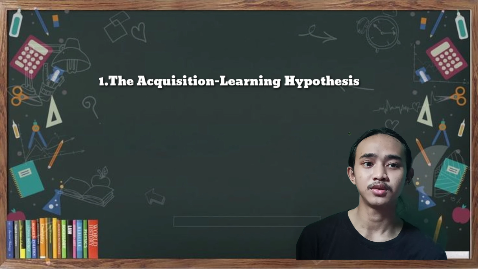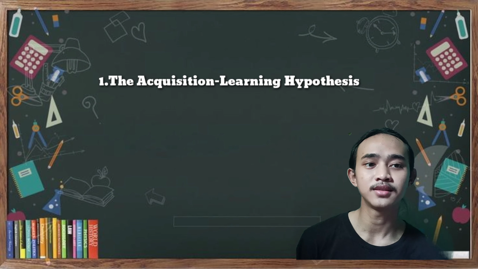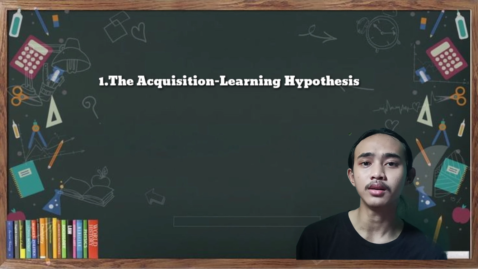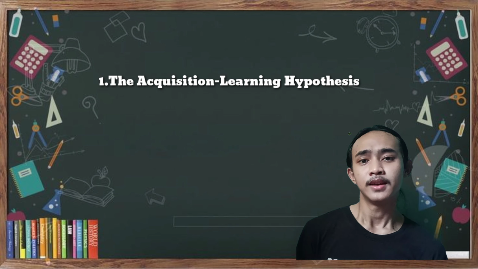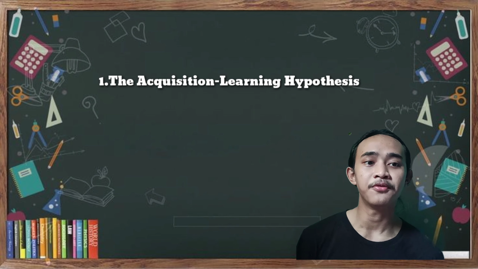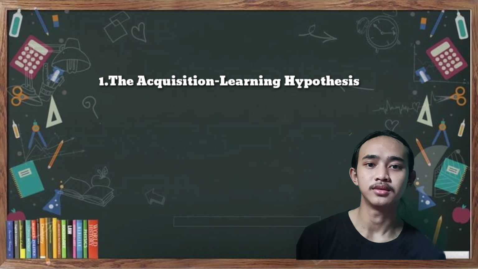Learning refers to explicit knowledge of rules, being aware of them, and being able to talk about them. This type of knowledge is very different from language acquisition, which can be called implicit.